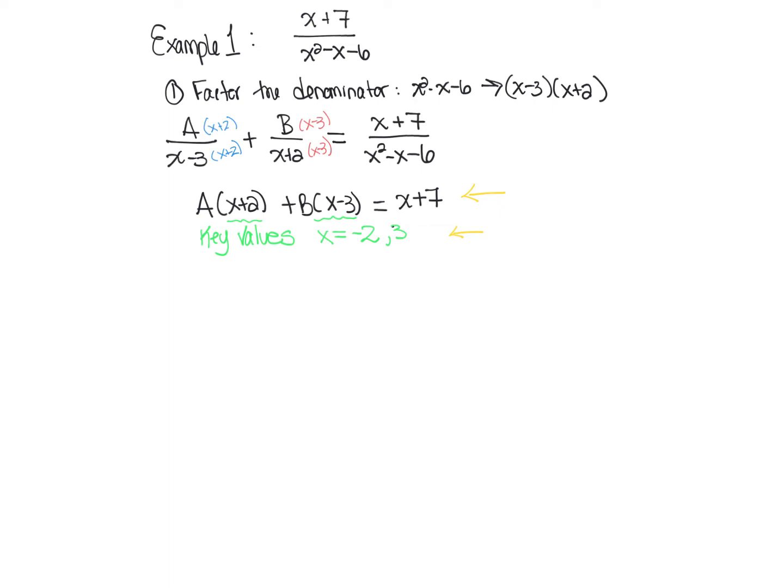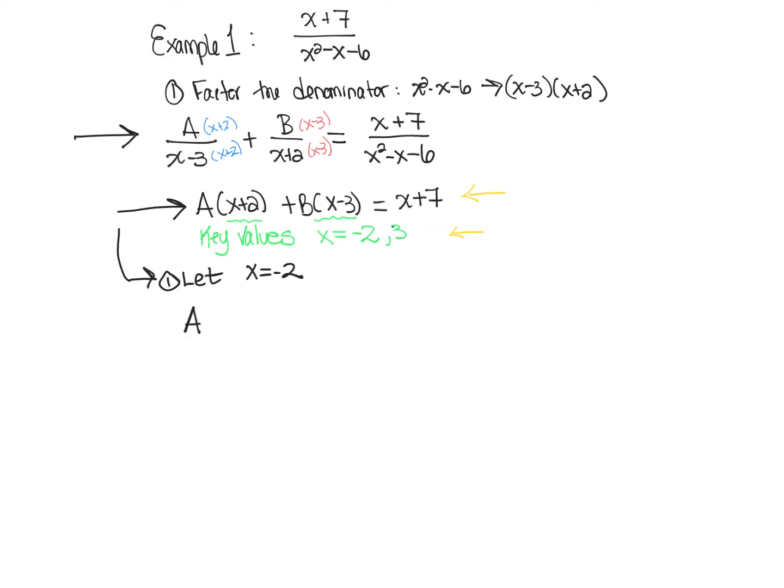So I'm going to plug in these key x values to help me solve for a and b, so that I can go back and write this without the a and the b in it. First, we're going to let x equal negative 2, and I'm going to use this statement right here.